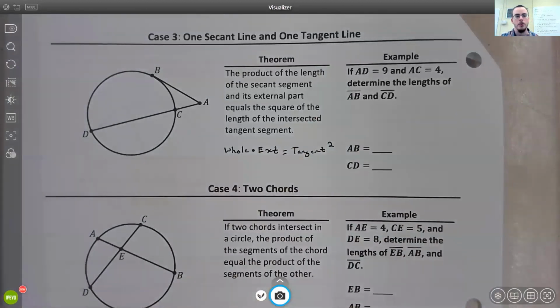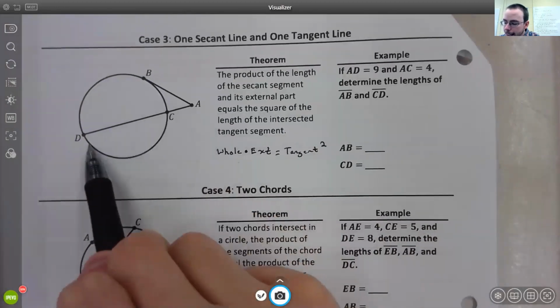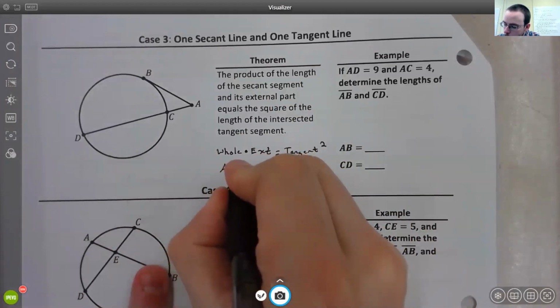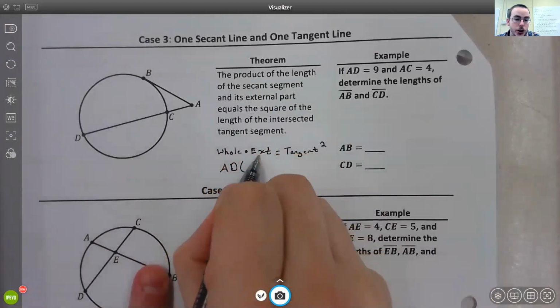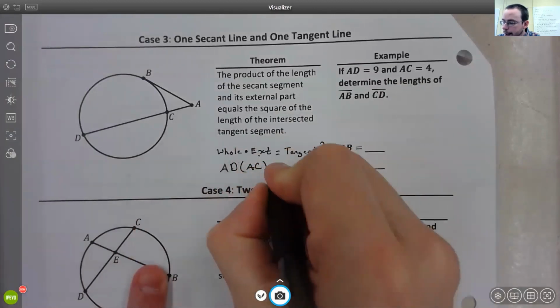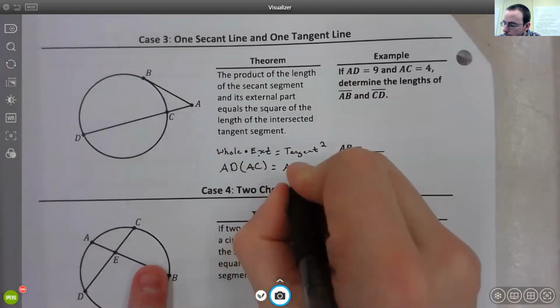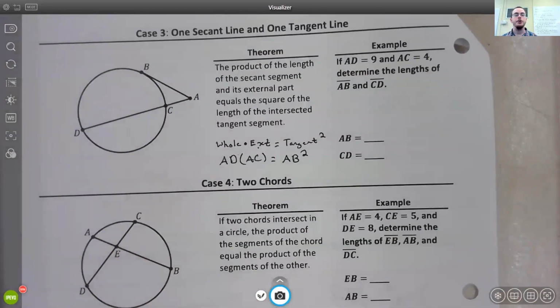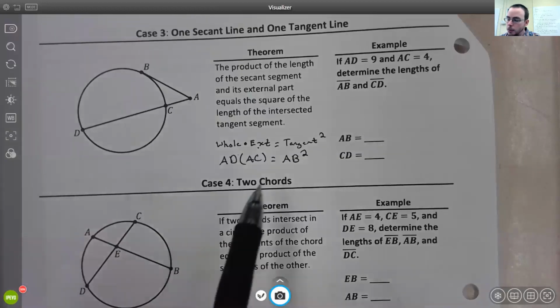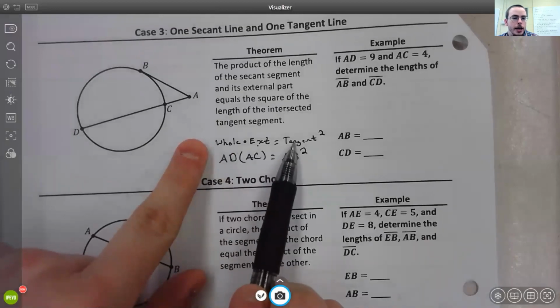Okay. So your whole secant, which in this case would be AD, times your external part of the secant, which would be AC, is equal to the tangent, which is AB squared. And the reason that this works is it's very similar to two secants, because really what you're doing is a whole times external twice.